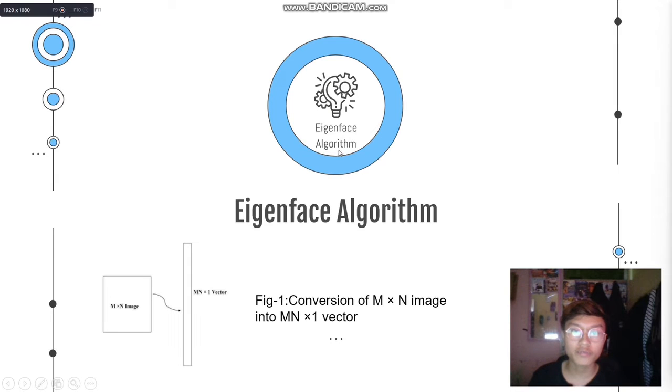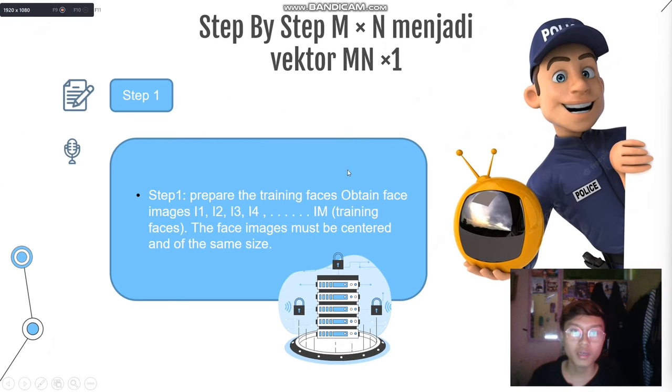The next, eigenface algorithm. Conversion of an M by N image into an MN by 1 vector, step by step.